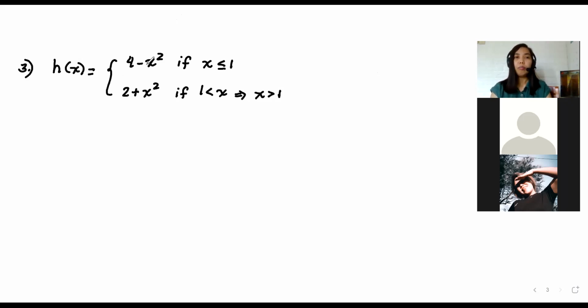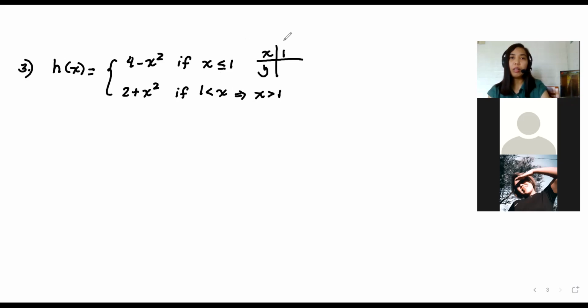So here, the sign of x squared is negative. So this is parabola opening downward. And here the numerical coefficient of x squared is positive. Therefore, this is parabola opening upward. So we have here less than or equal to 1.